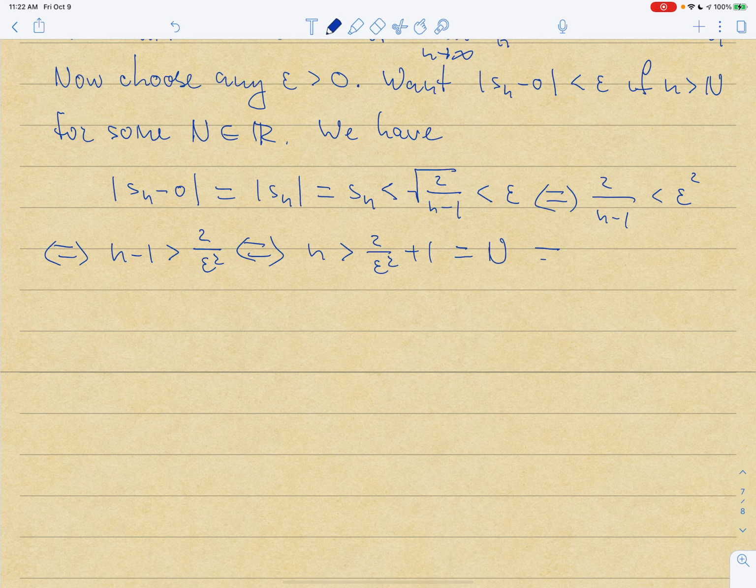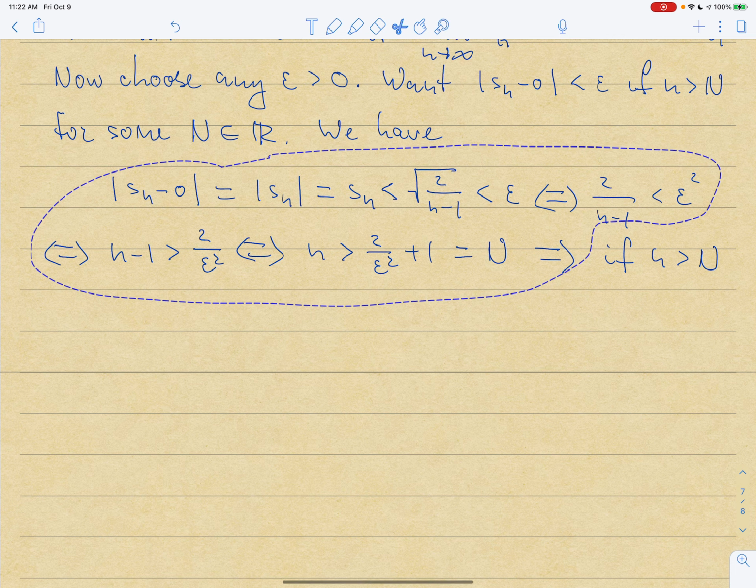And so then, if n is bigger than capital N, I can follow the chain of the inequalities that I've written here backwards, retracing it, to see that Sn minus 0 is less than epsilon.